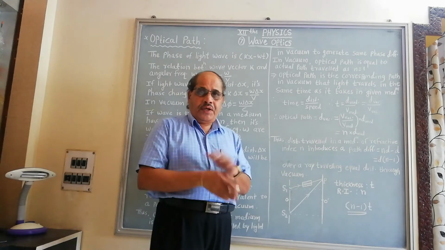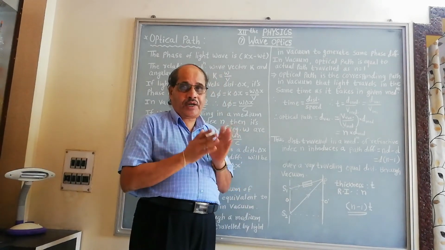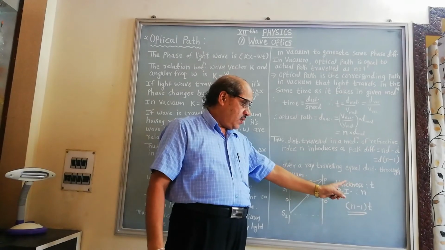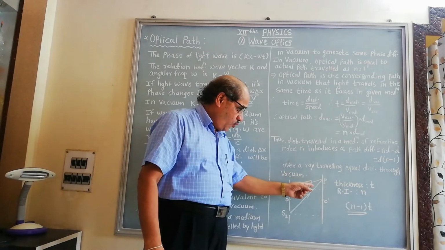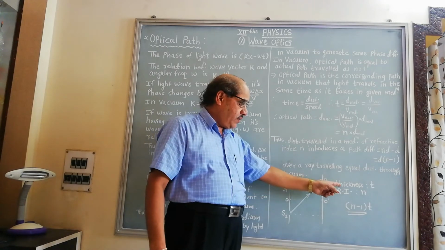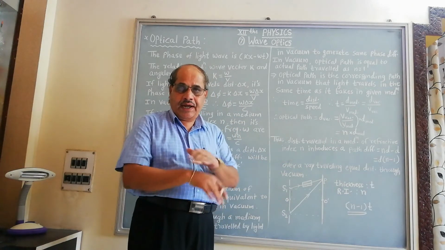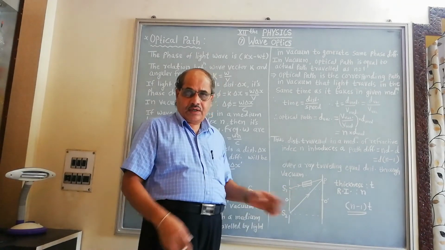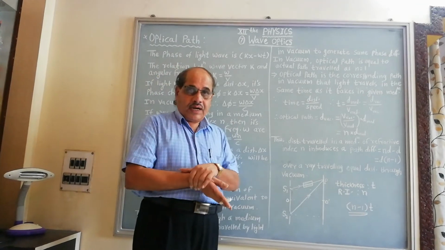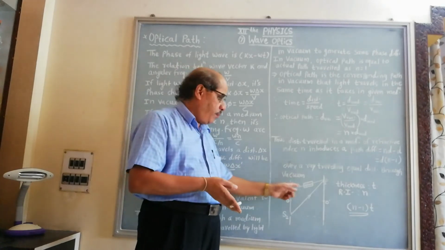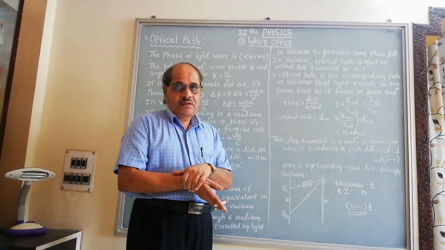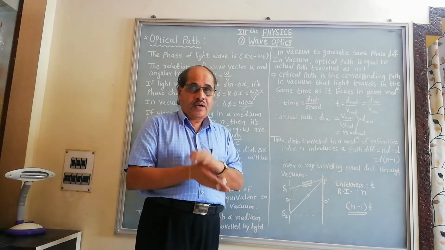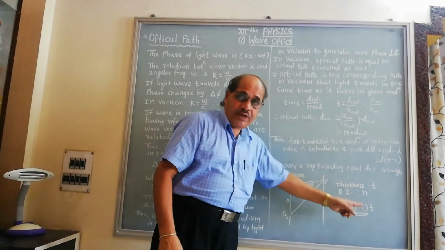Now, if we introduce a transparent plate of thickness t and refractive index n in front of slit S1, as shown in this figure, then the optical path traveled by the wave along S1P is higher than that traveled along S1P in the absence of the plate by n minus 1 into t.